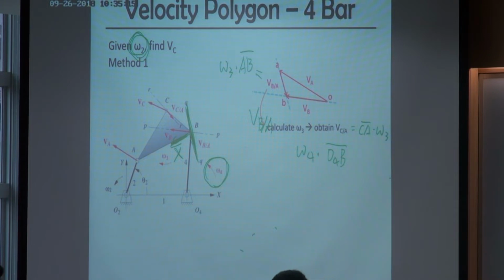So CA, you can just measure CA from this diagram. So once you get the length of CA, you can just substitute the CA with the value, and we know CA and we know omega 3, so we can get VCA.